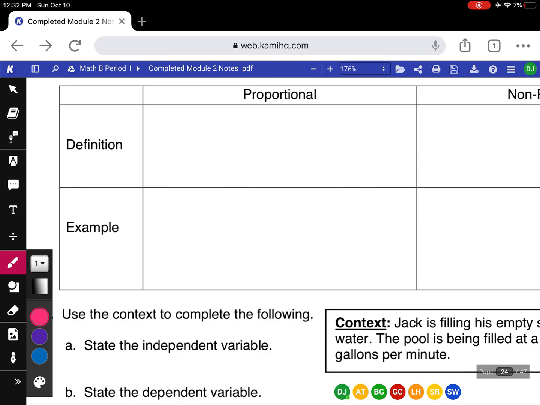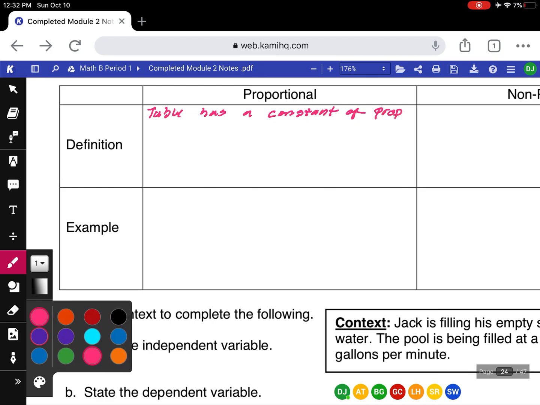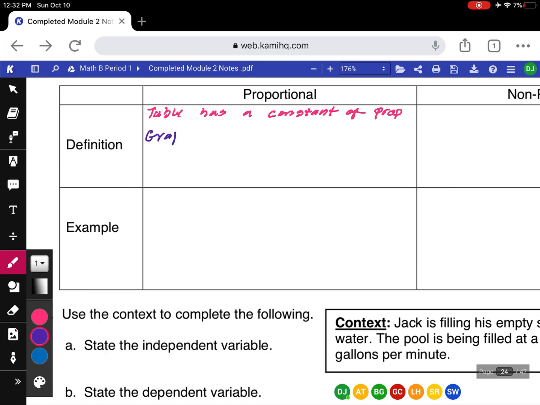Definition, there's three things that we can focus on. It is when the table has a constant of proportionality, and then its graph is linear and goes through the origin.